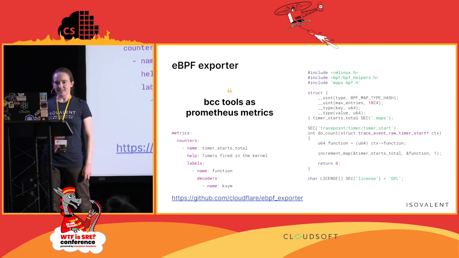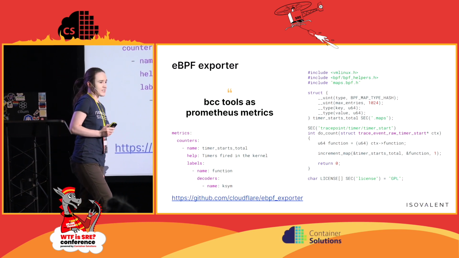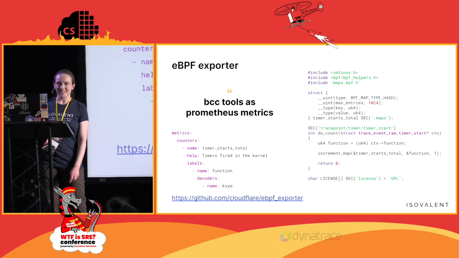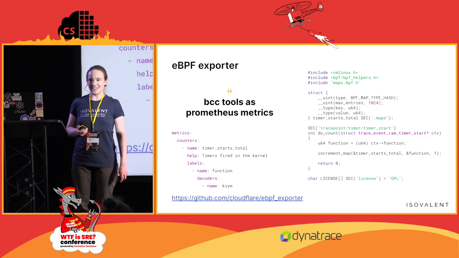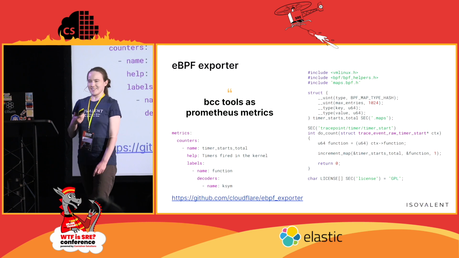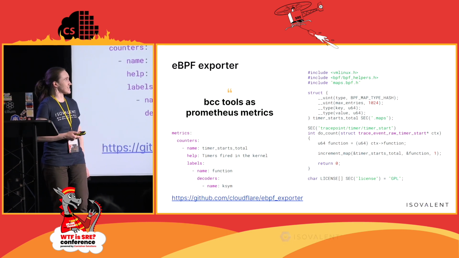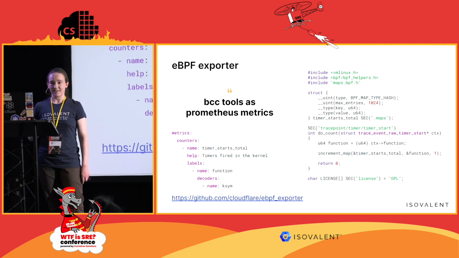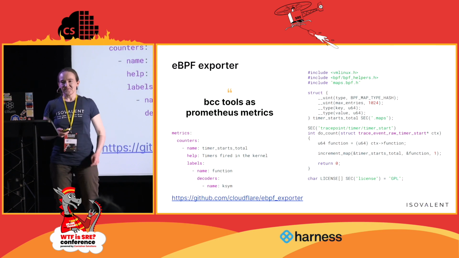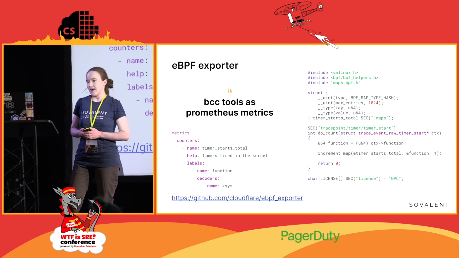Now, there is this project from Cloudflare called eBPF Exporter, and their README says it's BCC tools as Prometheus metrics. And I think it says it all, probably. What eBPF Exporter does is it transforms data produced by BCC tools into Prometheus metrics.